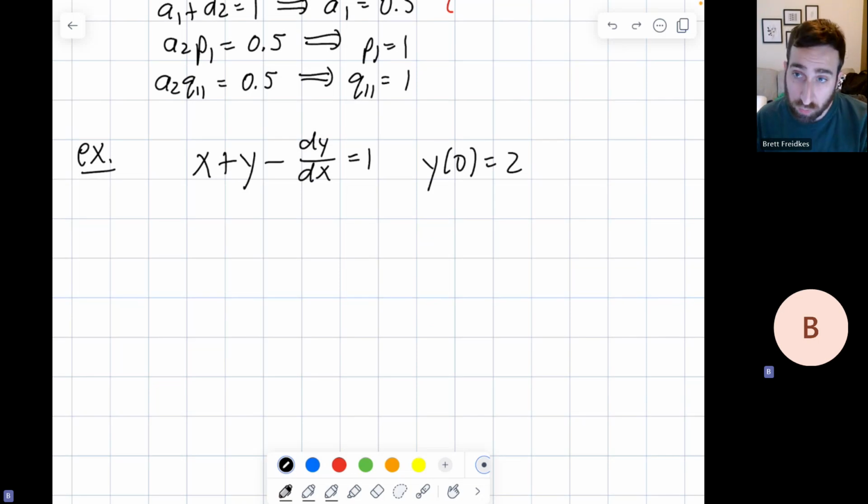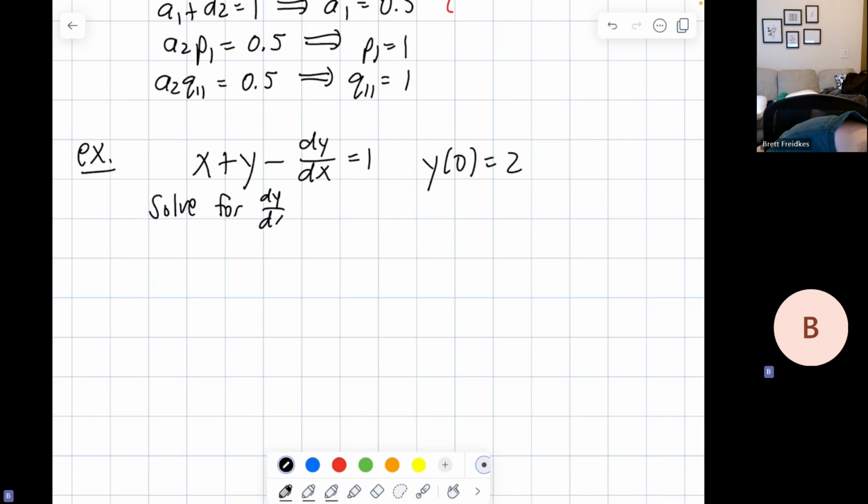So in order to do this, or any type of first order ODE method, we want to solve for dy dx. So that'll give us that dy dx, if we move some things around the equal sign, ends up being x plus y minus 1.